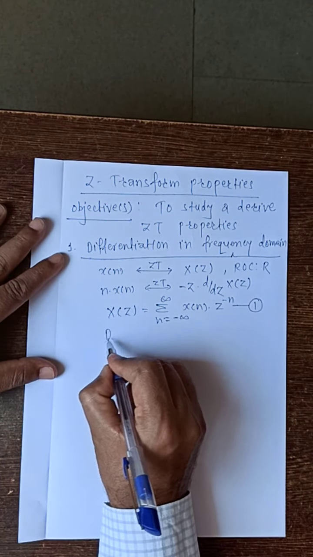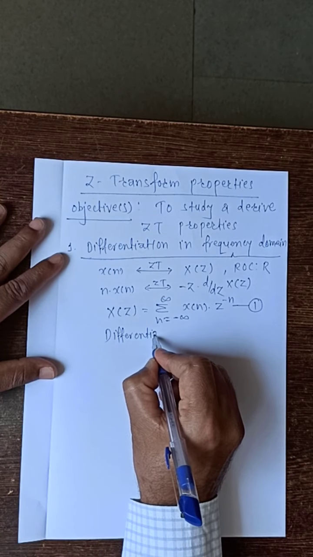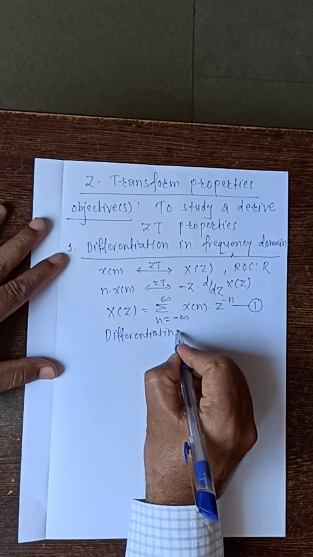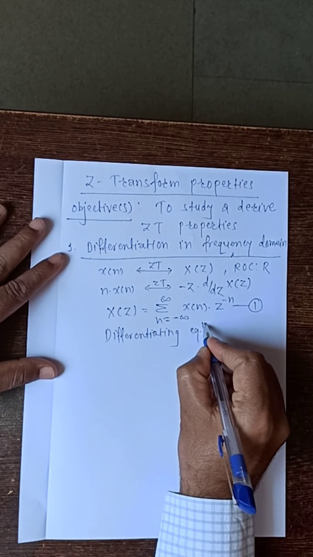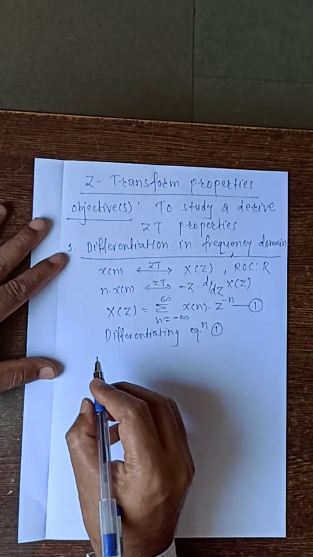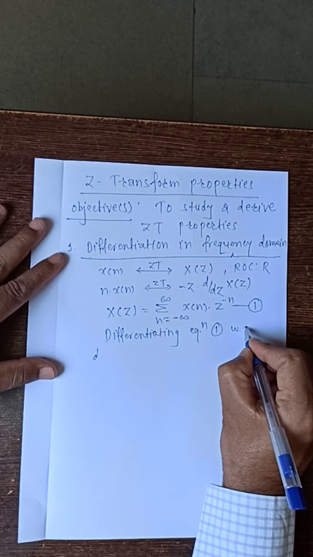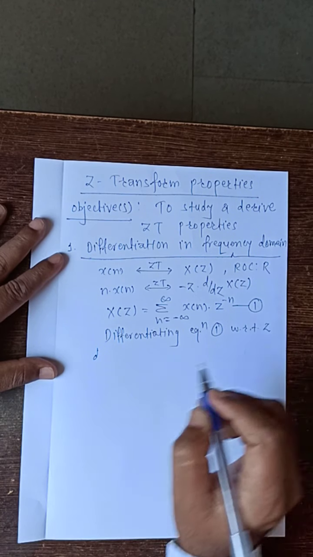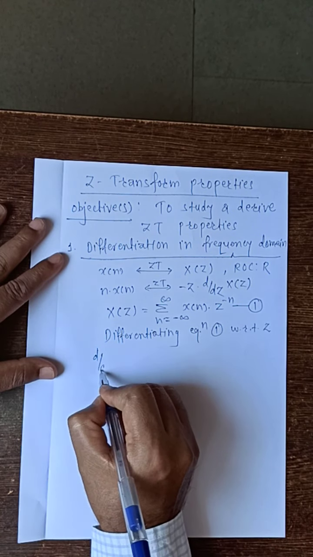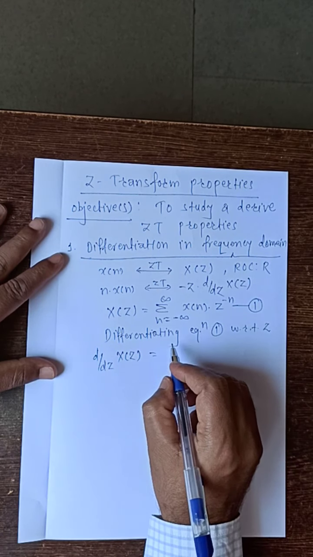Now we'll differentiate equation 1 on both sides with respect to z. So d by dz of X(z), this is the LHS.